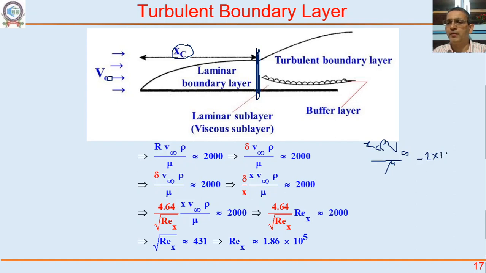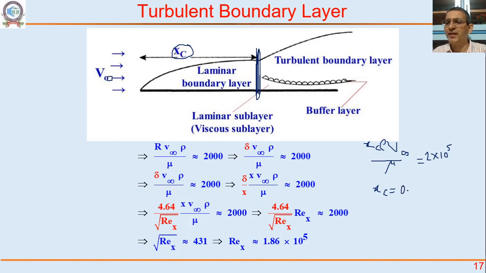So if it is water, rho by mu is 10 raised to 6. V infinity suppose is 1 meter per second. Then that means XC is 2 into 10 raised to 5 divided by 10 raised to 6. So it is 0.2 meters.